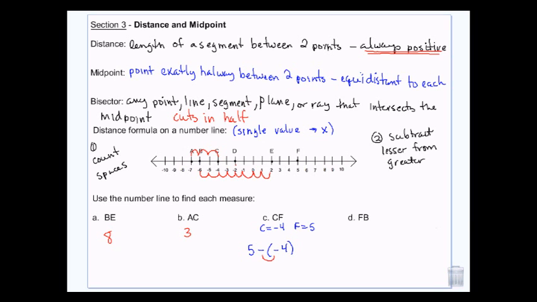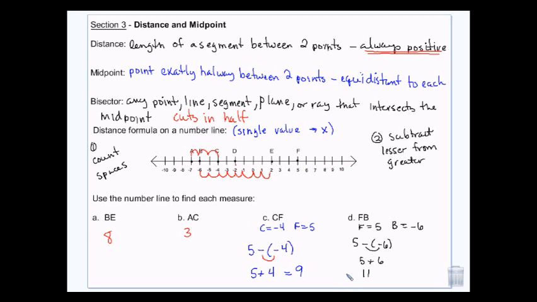And smiley people are positive. That's just my little way to remember double negatives make you a positive. If we're doing F and B, F is still 5, B is -6. So I'm going to do 5 minus -6, which is 5 plus 6.